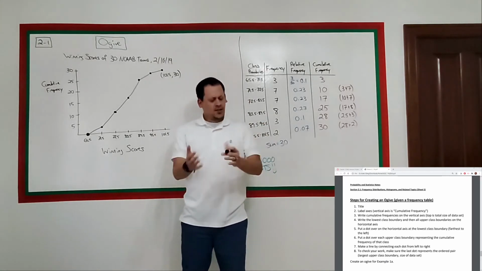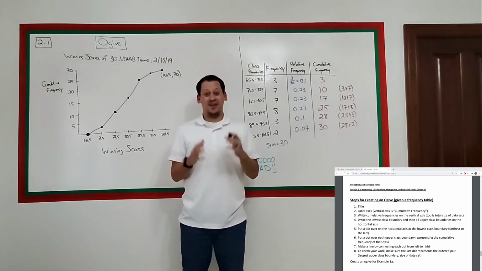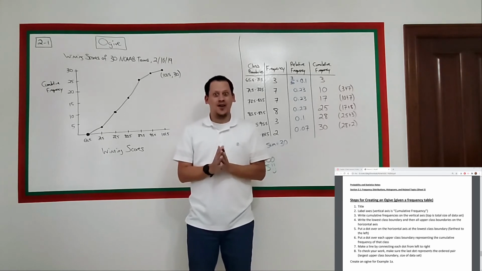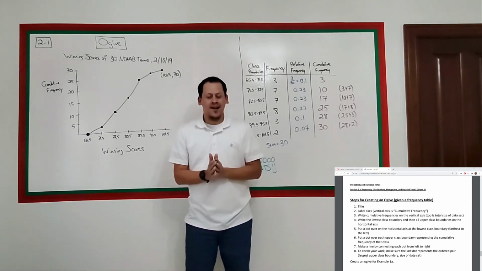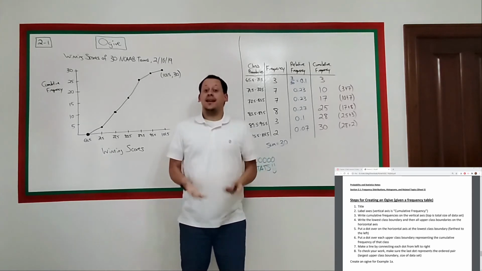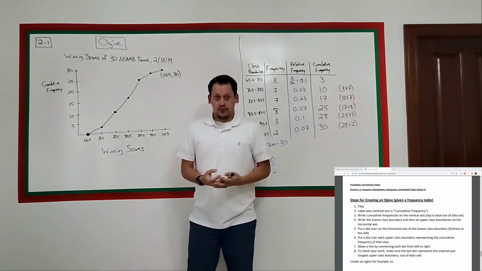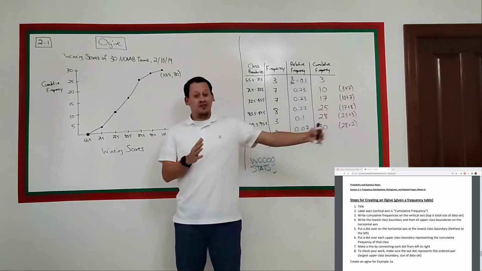So, let's recap everything we did in this section because we were in this section for a very long time. This is probably actually the longest section of the entire semester. We start with a data set. From that, we create a frequency table. You can make all of the columns now.